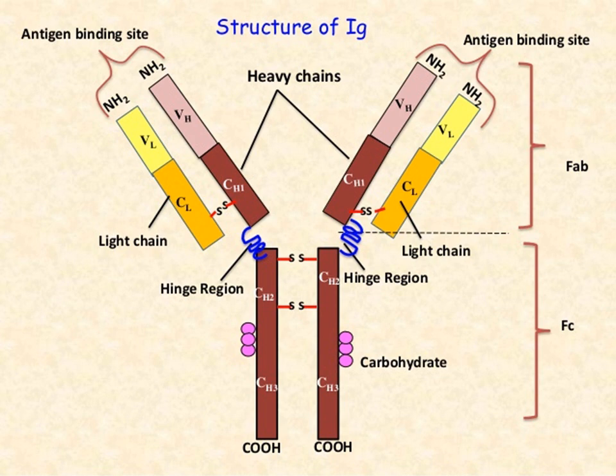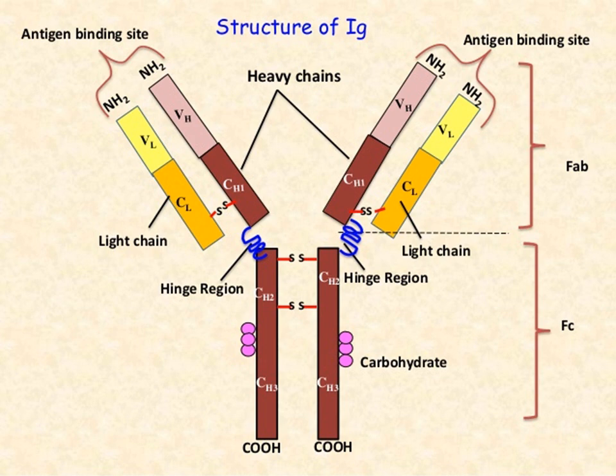The antigen binding site, or the region where the antigen binds, is present in the variable region of the immunoglobulin molecule. So the variable regions of both the light chain and the heavy chain are responsible for antigen binding, while the constant regions perform some other functions.